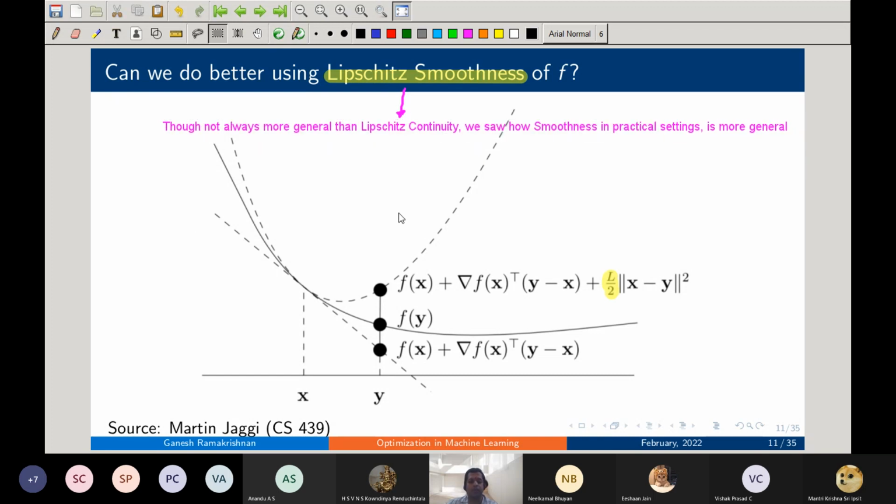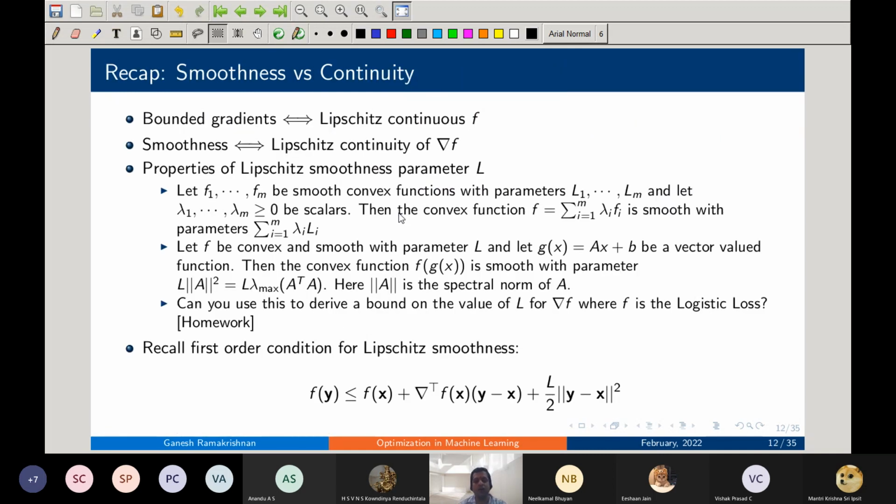Okay, so now how does this help? This was left as a homework. And before we went there, I had left you another homework also. If f1, f2 are smooth convex functions with parameters L1 to Lm, then we know that the convex function is smooth with parameter the summation of the Li.